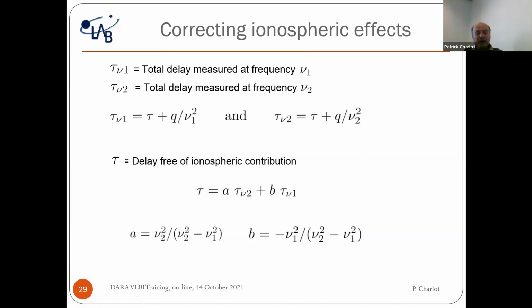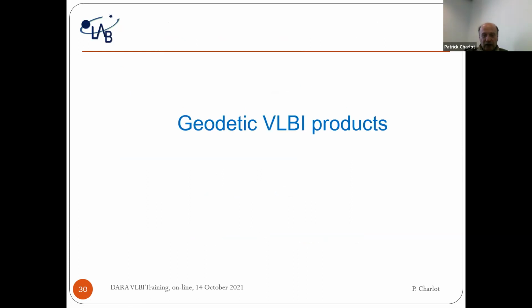Of course, if you would observe at a single frequency, you would need to model this. Okay, so perhaps I will stop for a few minutes if you have some questions about the modeling.